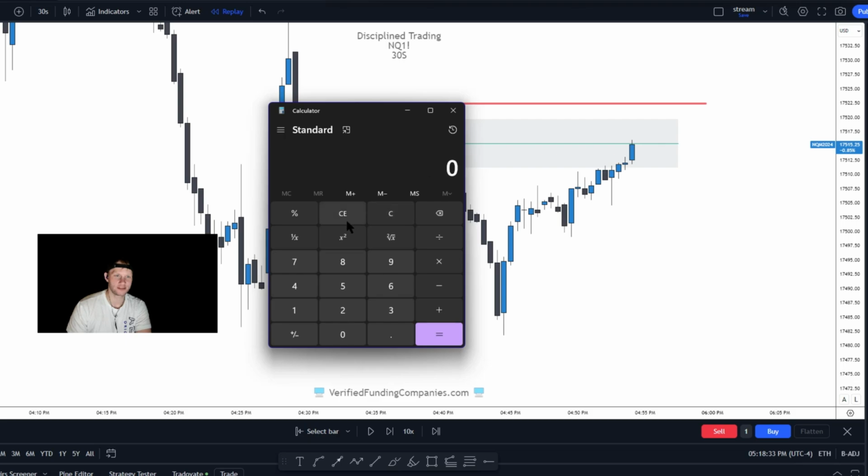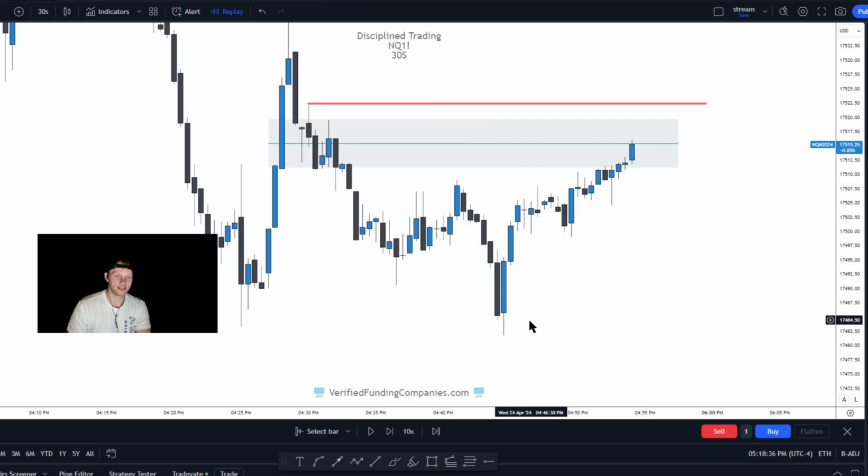So all you're going to have to do to figure out the risk is take the number of points from your entry price to your stop loss, and then times it by $20. If you have 2 contracts, you would just times it by $40. If you have 3 contracts, you would times it by $60, right?